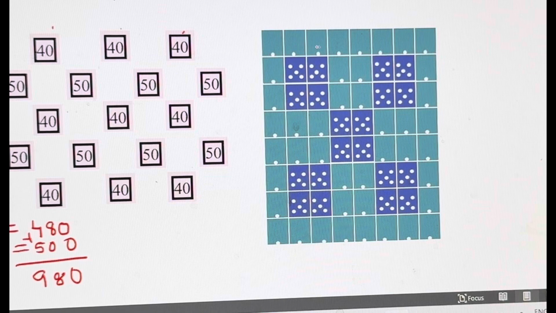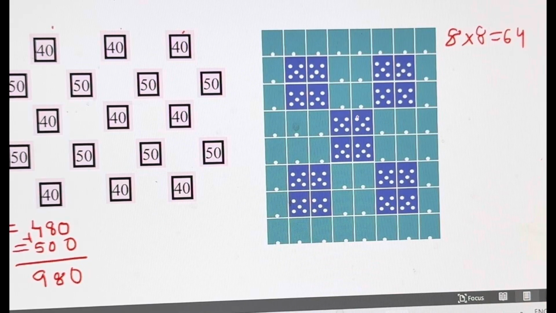1, 2, 3, 4, 5, 6, 7, 8 horizontally, and 1, 2, 3, 4, 5, 6, 7, 8 vertically, right? So 8 eights are 64. We write it here, 8 eights are 64.